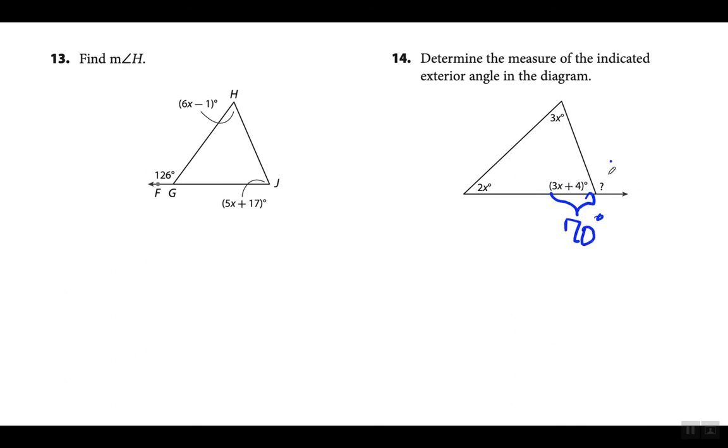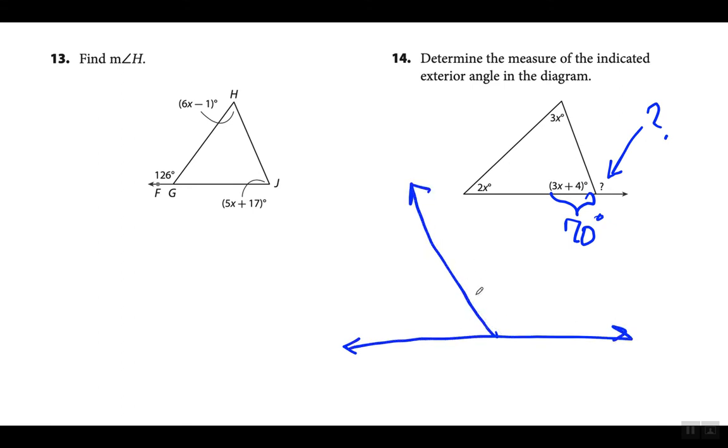But the question is, how much is this angle right here? Hopefully a lot of you already could do it in your mind because the answer is right there, okay? Deben ya saber cuánto mide este ángulo. But for the people that don't see it, let me do this. If I have a linear pair, si tengo una pareja lineal, and this angle is 70 degrees, when you add them up, it has to equal 180. La suma te tiene que dar 180, así que esto tiene que ser 110.